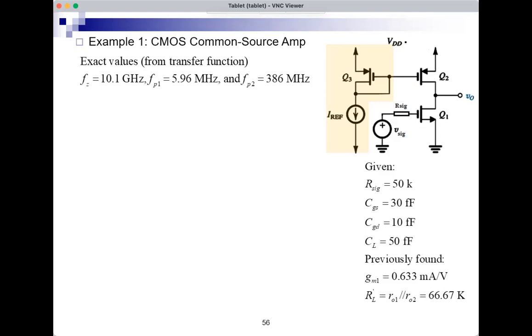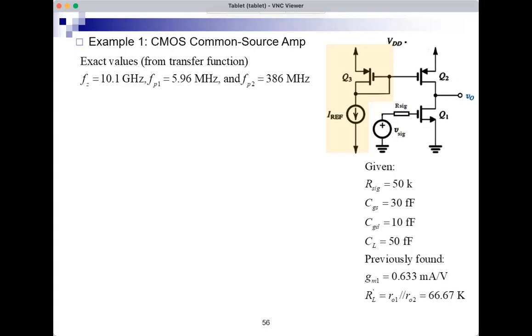And also the numbers show that FP1 is a very dominant frequency. It's around 6, and the next one is around 386. So that's a ratio of how much? 386 divided by 5.96, 65 times. So the next frequency is 65 times higher. And yeah, so FP1 is dominant.